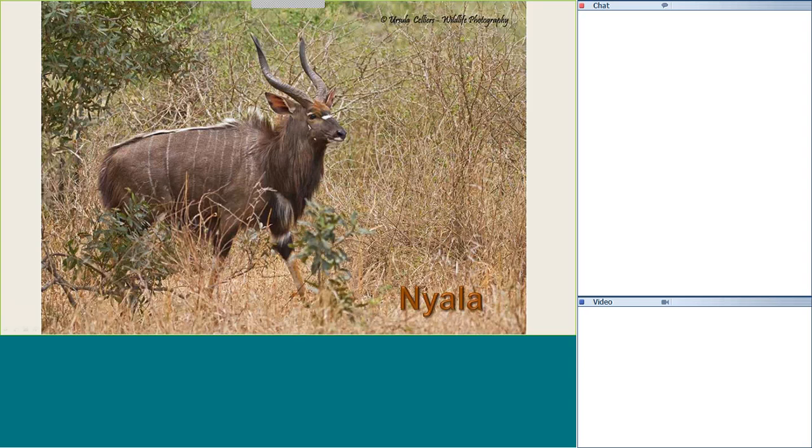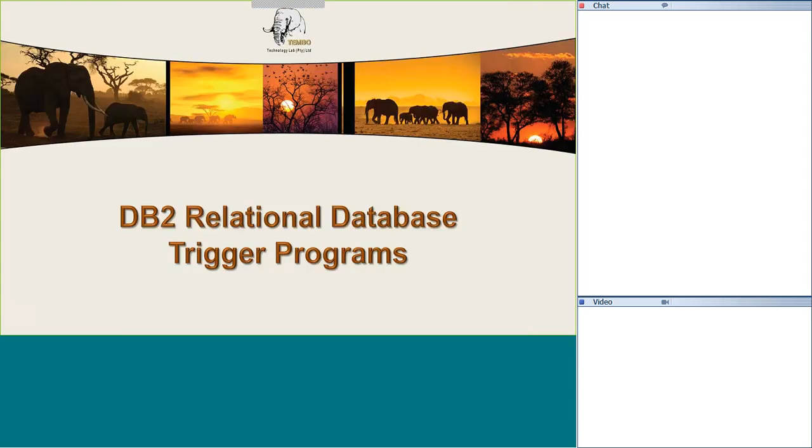The triggered programs within the database are, in my honest opinion, the most significant component for giving your database intelligence, agility, self-awareness, and also saving hundreds of thousands of lines of RPG code and stabilizing your data, securing your data.